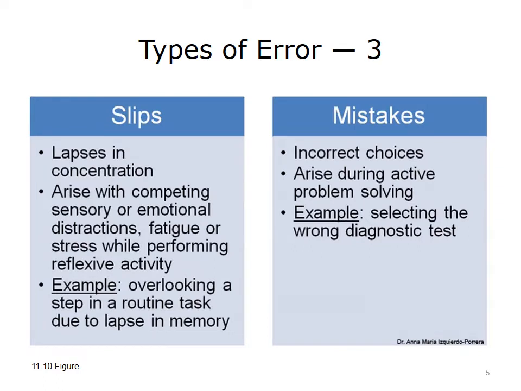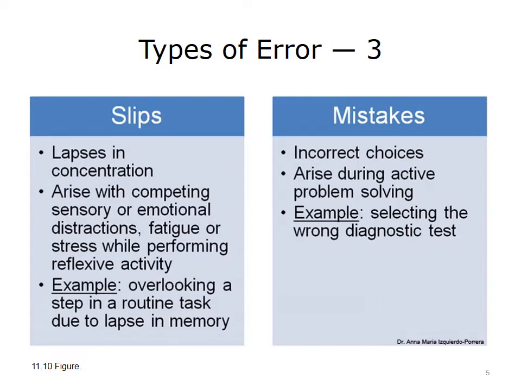Reason has also taught us that we can classify errors by basing them on the cognitive psychology of task-oriented behavior. He describes slips, or lapses in concentration, and mistakes, or incorrect choices. Slips arise when we are also dealing with emotions, fatigue, and stress while performing an activity that has become reflexive.